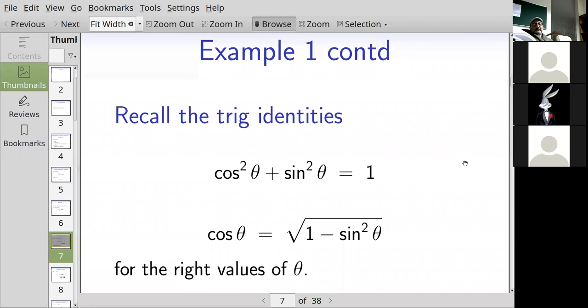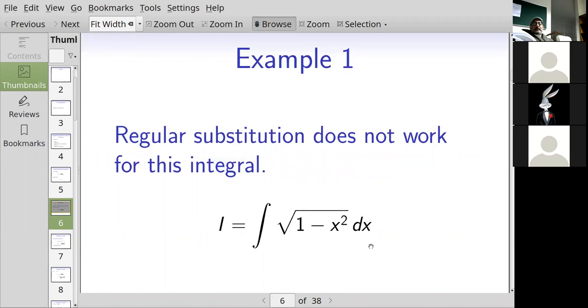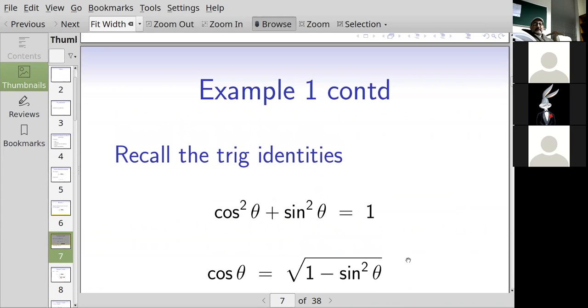If we're allowed to pick theta, then for the right values of theta, cos of theta is equal to the positive root of 1 minus sine squared theta. So when I see root of 1 minus x squared, that puts me in mind of this, that root of 1 minus sine squared theta is equal to cos theta.